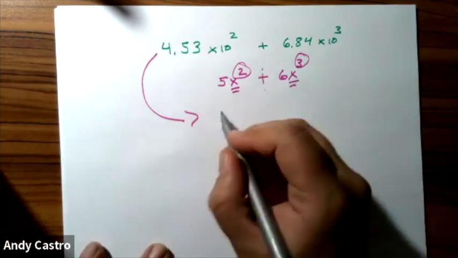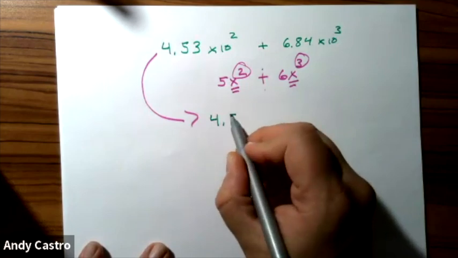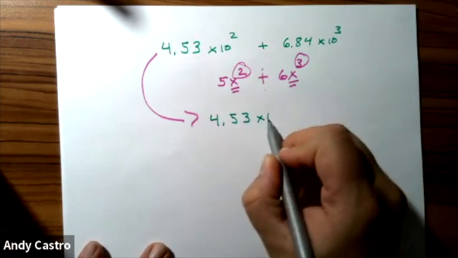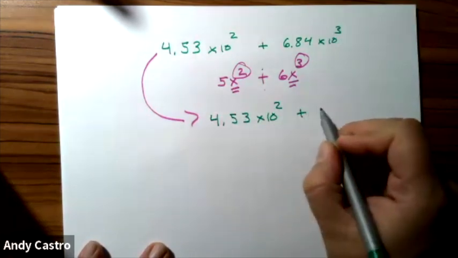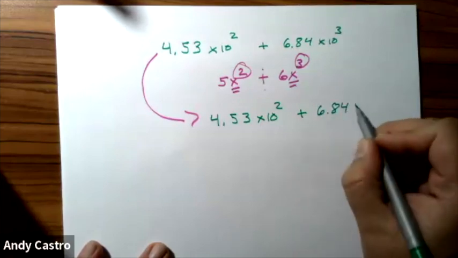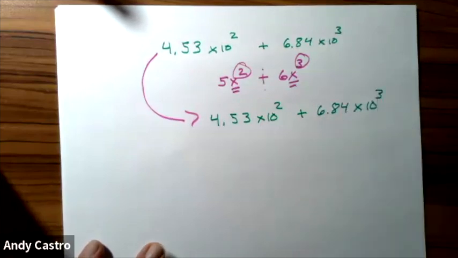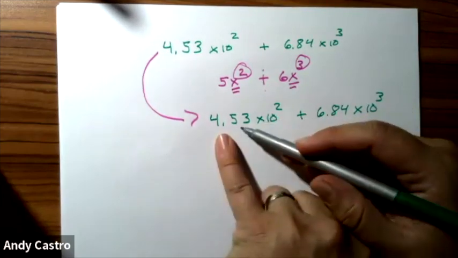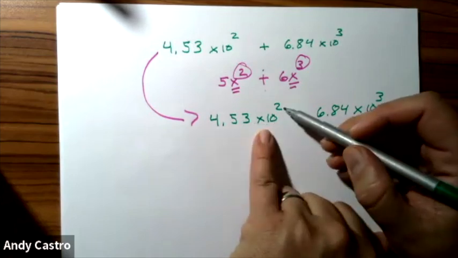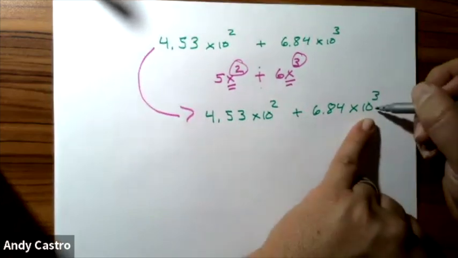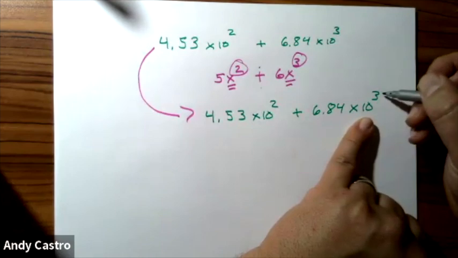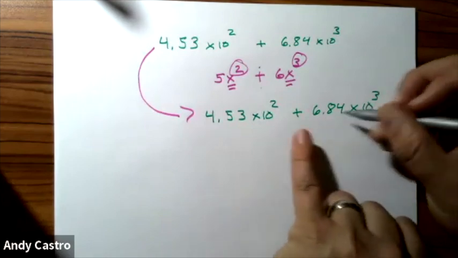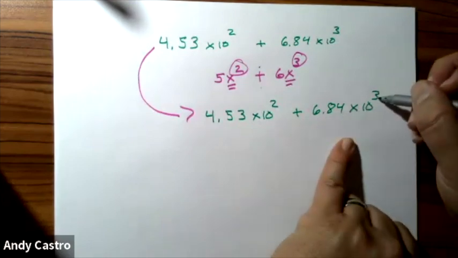So here I have 4.53 times 10 to the second power plus 6.84 times 10 to the third. So I can do one of two things. I can modify this so this becomes 10 to the third, or I can modify this so this becomes 10 to the second. I'm going to modify this and make this times 10 to the second.